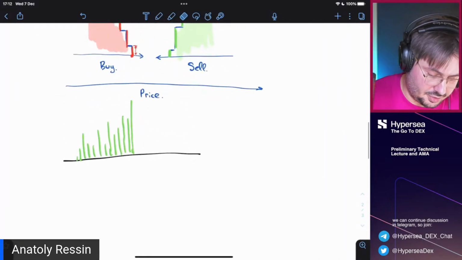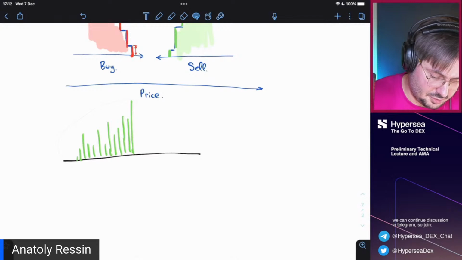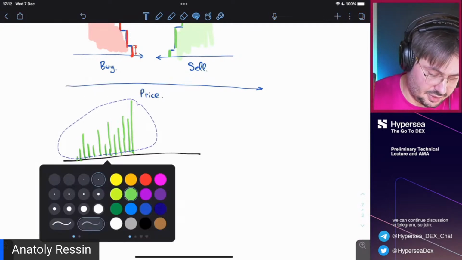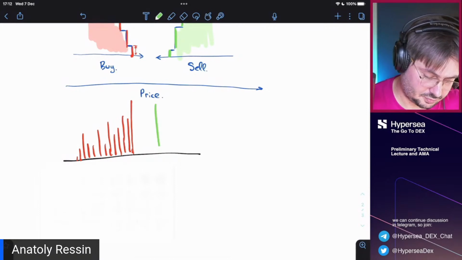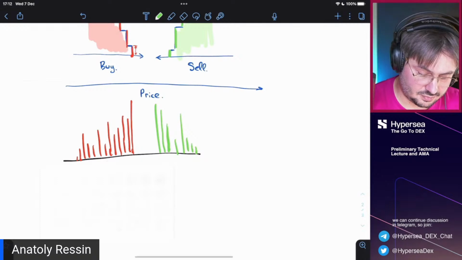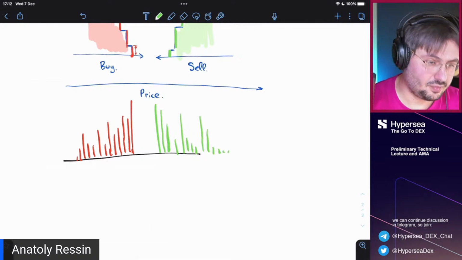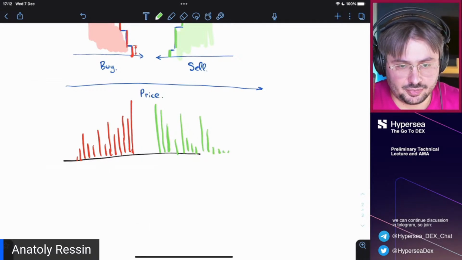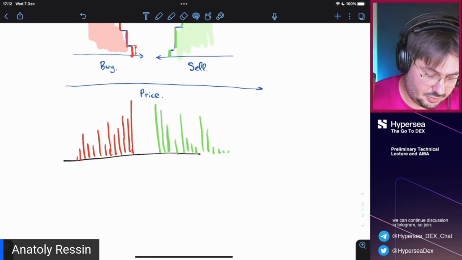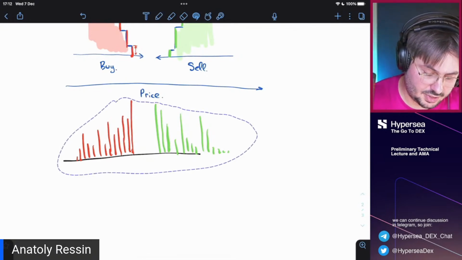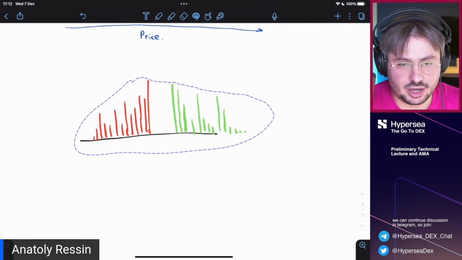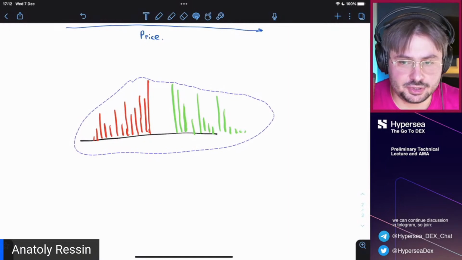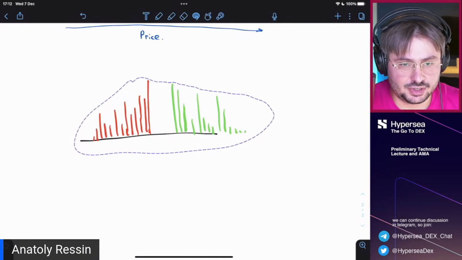Sorry, the wrong color. Here, red. We will see something like that. So if we just try to see what is happening in our order book, how these two queues look.